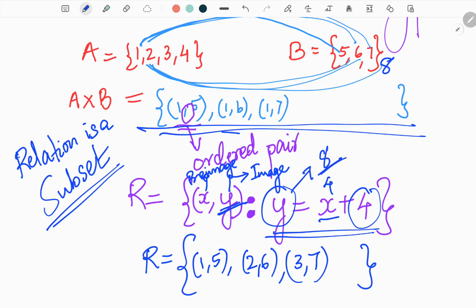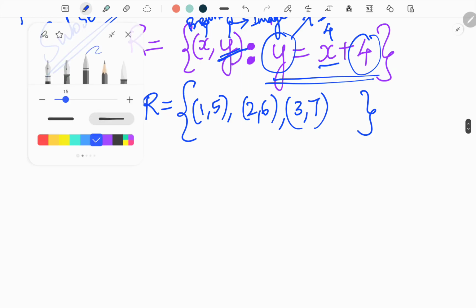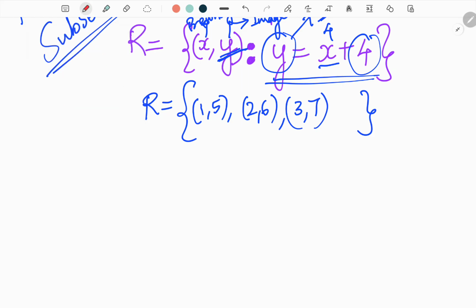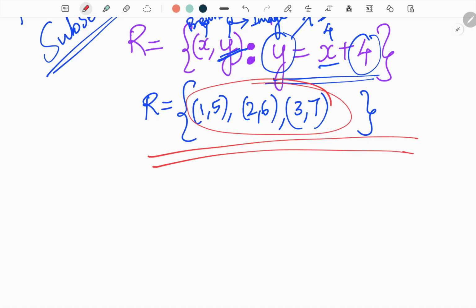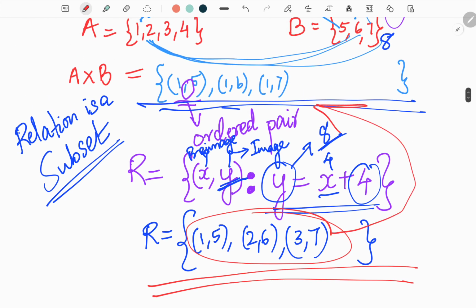But 8 does not belong to the set B. So as a result, the elements in the relation will not have 4 as the pre-image for any of the ordered pairs. So this is the relation, and all the elements in the relation belong to the Cartesian product. So as a result, the relation is a subset of the Cartesian product A cross B.